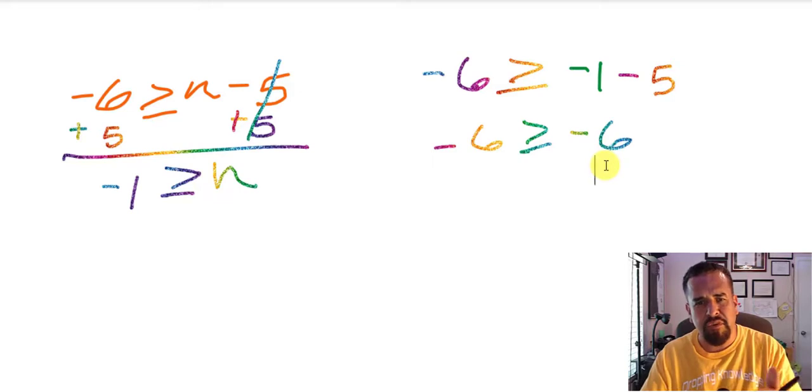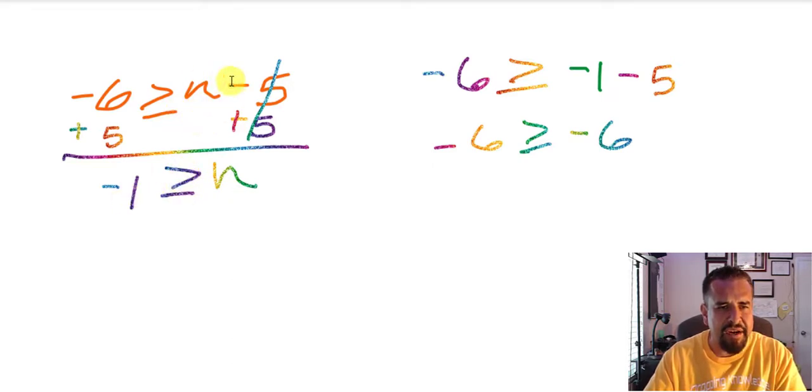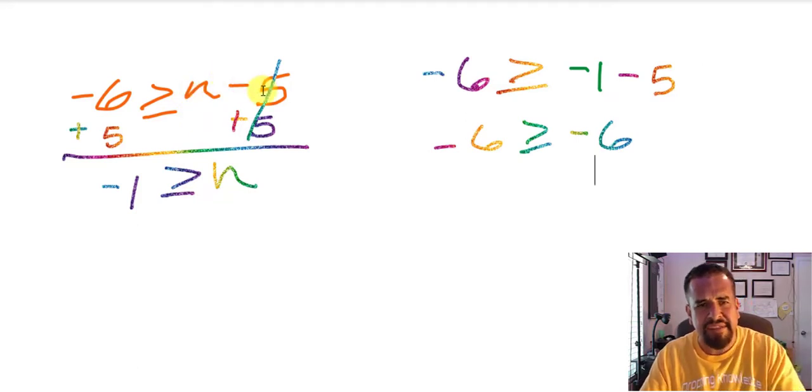Half of that statement is true. It is not greater than negative 6, but it is equal to. Therefore, I know that negative 1 is a possible solution, and n has to be less than or equal to negative 1. If I put negative 1 there and I subtract 5, I get negative 6.